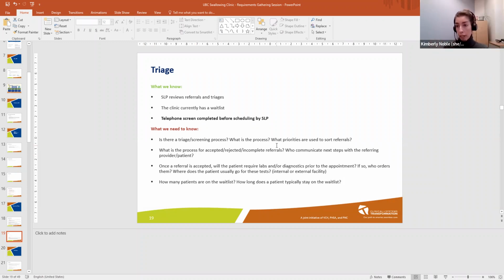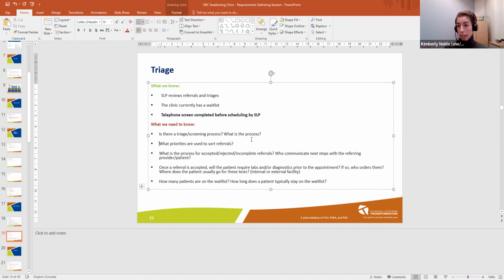The screening tool has questions that are pertinent to dietetics and occupational therapy too. To make things easier, the SLP is the one that makes the phone call based on the answers to the questions and the associated information we've received with the referral. We would assign the patient a PIC, a priority intervention criteria number. And then based on that number, we slot people in according to the severity of their dysphagia and the urgency of the need.